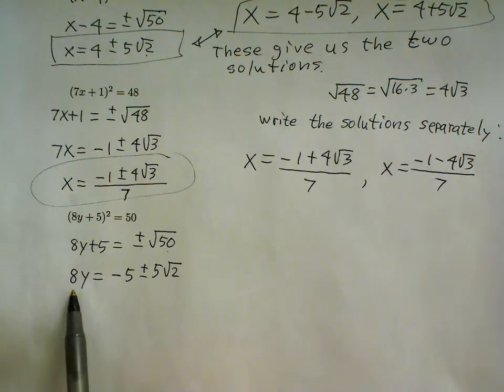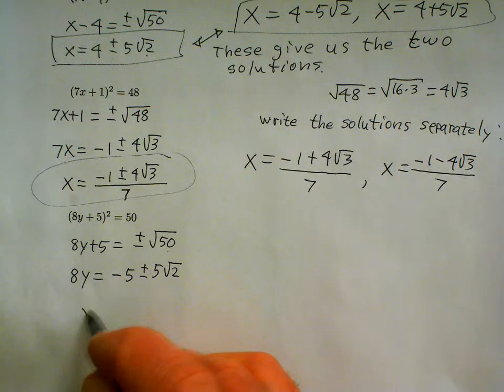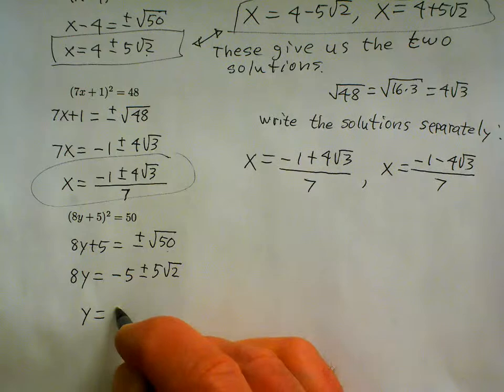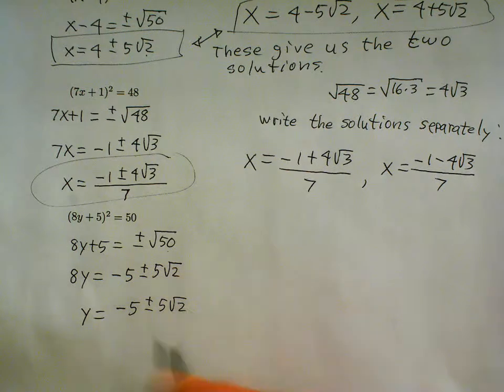And then the last step, divide every term on both sides by 8. We get y equals -5 plus and minus 5 times the square root of 2, all divided by 8.